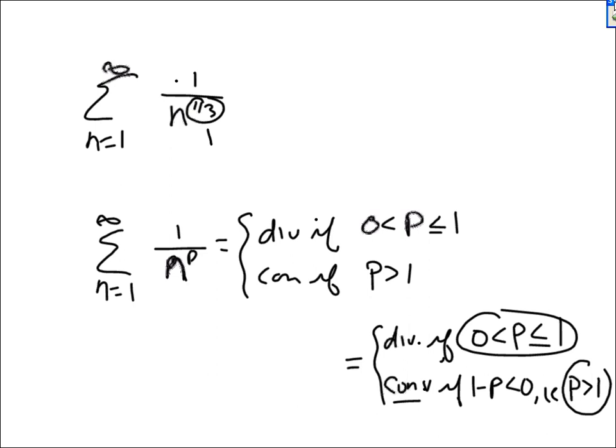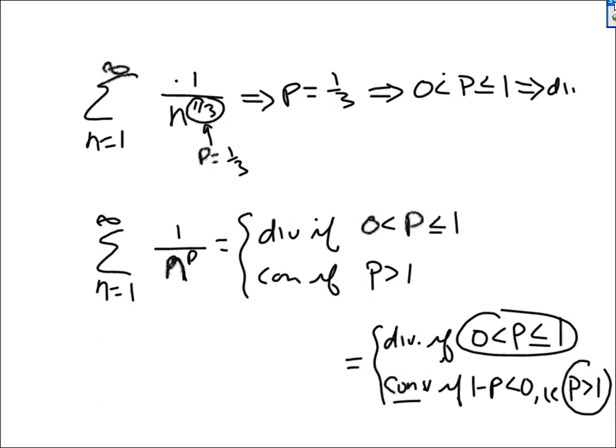Well, that's p. P is equal to 1/3. This implies that p is in between 0 and 1, which implies it diverges. You just look at p.